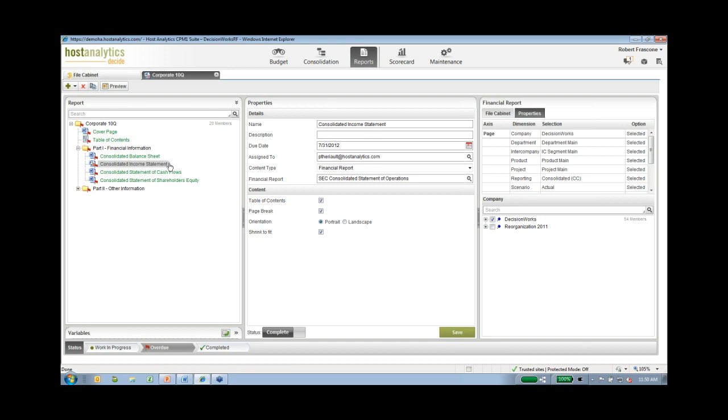So this same consolidated income statement report that there's only one of that sits in this file cabinet for Part 1 financial information, it's going to pull data based on this dimensional combination. Decision works for company, the highest level for department, all the products, etc. As I move down into other sections of the report, I can change those properties dimensionally to pull different data from that multidimensional cube based on what I want to see.